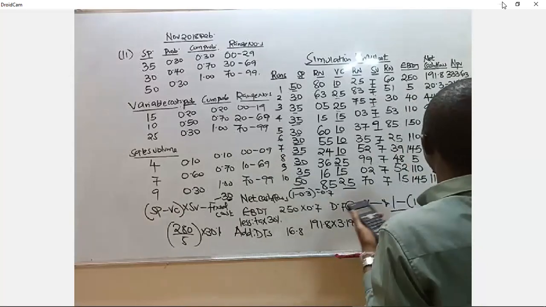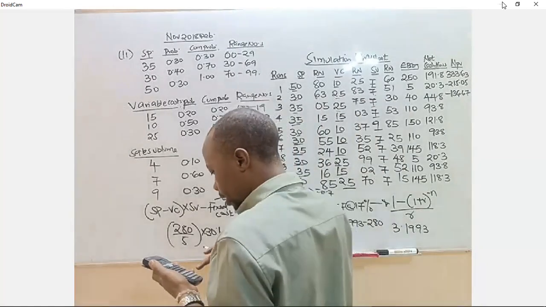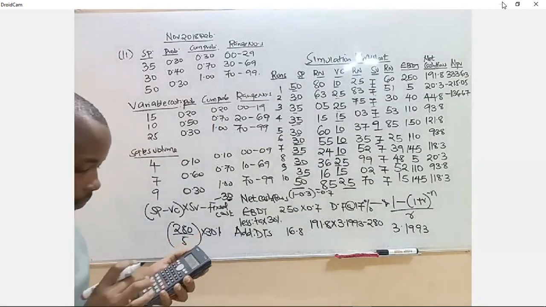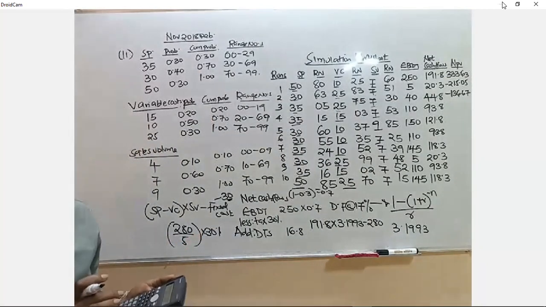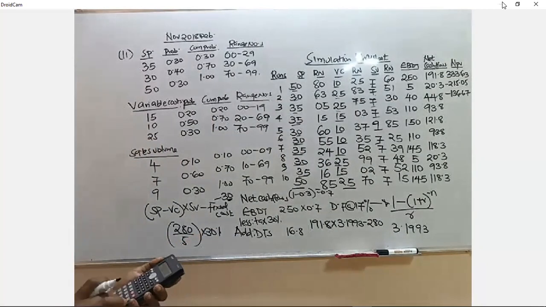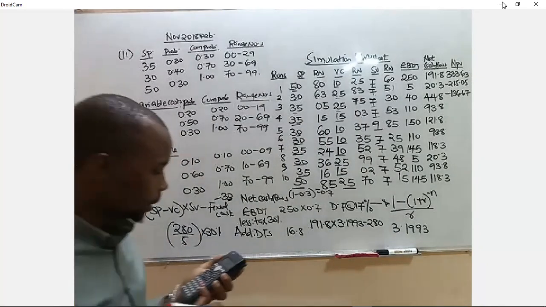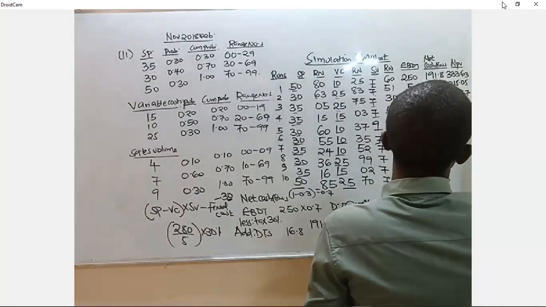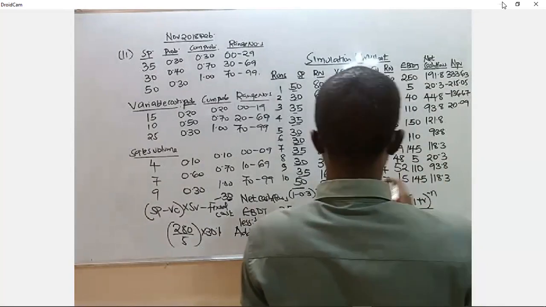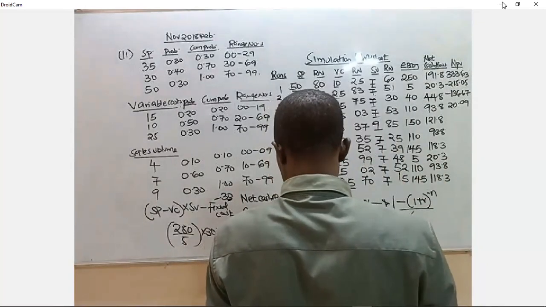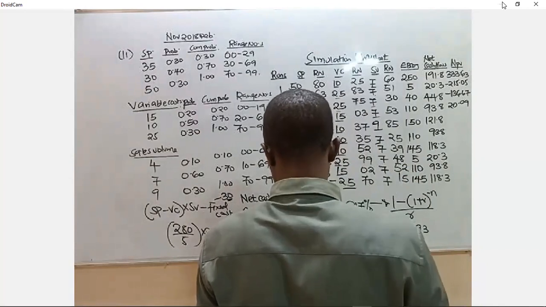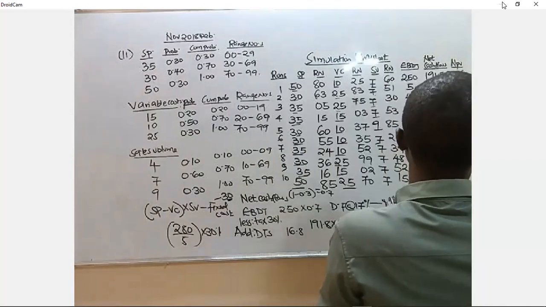The other one will be 93.8 times 3.1993 minus 280, getting 20.09. The other one will be 121.8 times 3.1993 minus 280, getting 109.67.